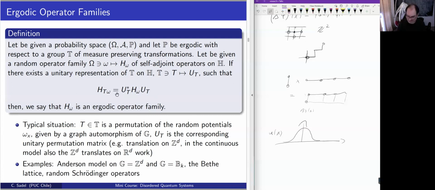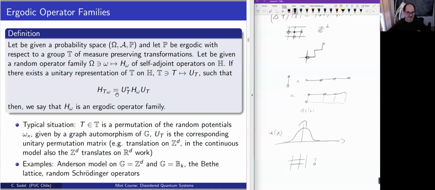If you think of Z^d, what happens? For Z^2, for instance, one of these measure preserving transformations that is a graph automorphism is just shifting. If you shift the lattice up, you get the same lattice.